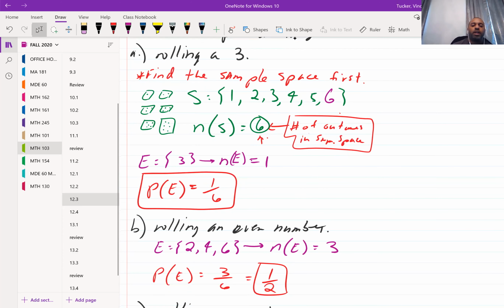All right, so we place that 3 over the 6. We haven't changed the problem, so the number in our sample space is still 6. So that's 3 over 6. That'll be 1 over 2, or half. 50% chance of getting an even number.